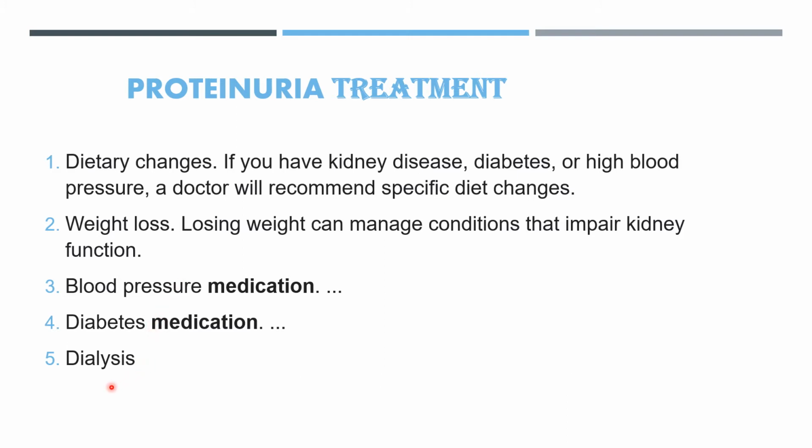Because in the case of proteinuria, proteins are not being filtered out by the glomerulus of the kidney, and they are coming into the urine in excess. So dialysis is the solution to this problem. It is not a permanent solution, but it is a temporary solution to filter the blood.